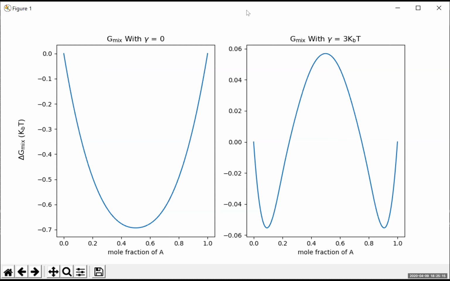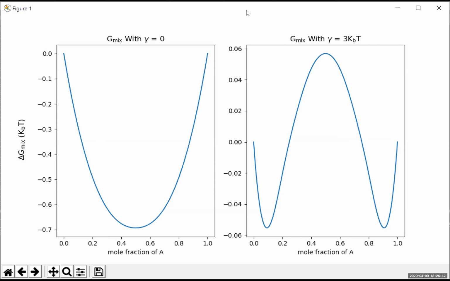On the right is the graph where gamma is equal to 3 kBT. The mole fractions are on the x-axis, and delta G mixing is on the y-axis. The two graphs do not have the same spacing for the y-axis. The important point for the left one is that there's only one minimum in the center at 0.5 for the mole fraction of A, which means it's most stable when the mole fractions of A and B are equal.